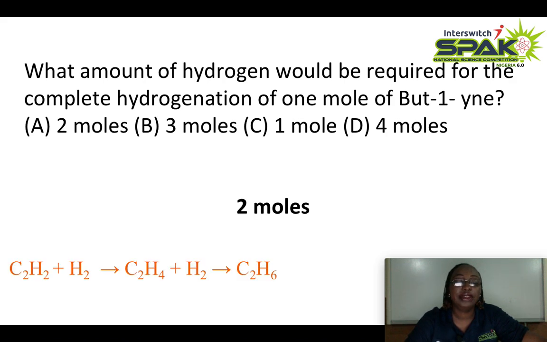Now, let's see the reaction. In this reaction, ethyne will first react with hydrogen to give you ethene, then ethene will react further to give ethane. This is the same also for butyne. Butyne will react with hydrogen to give you butene. The butene will also react with hydrogen to give butane, that's C4H10.